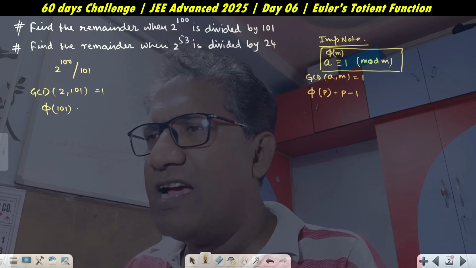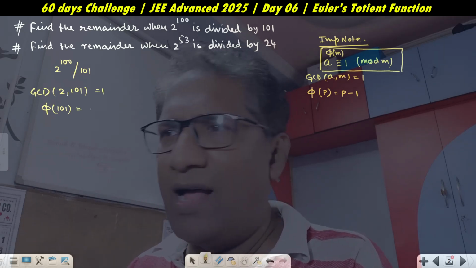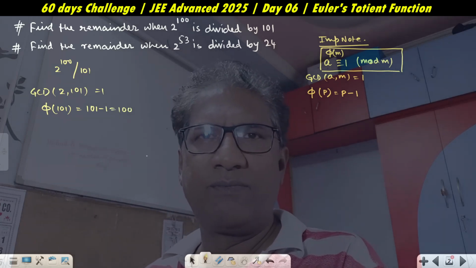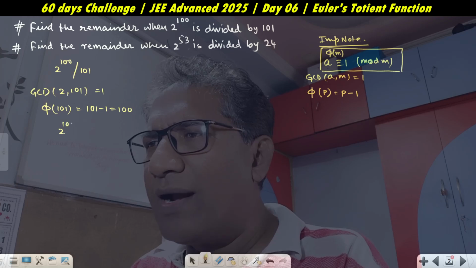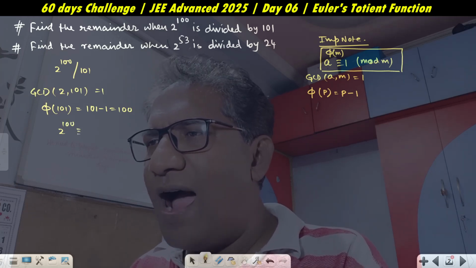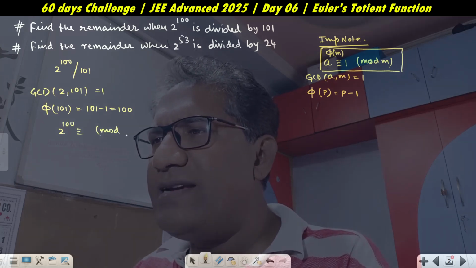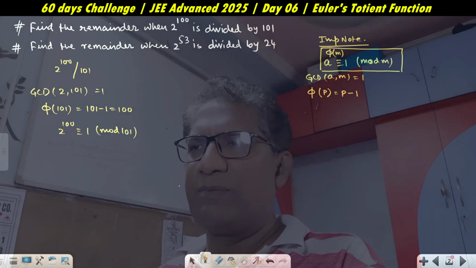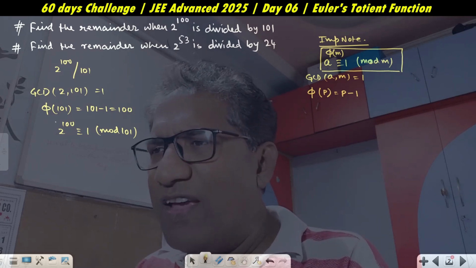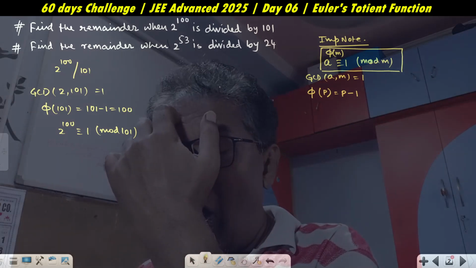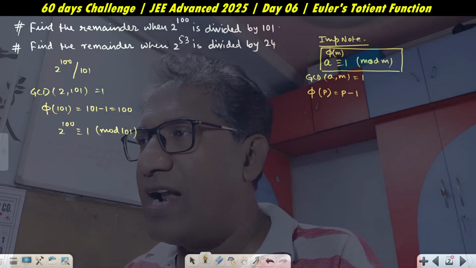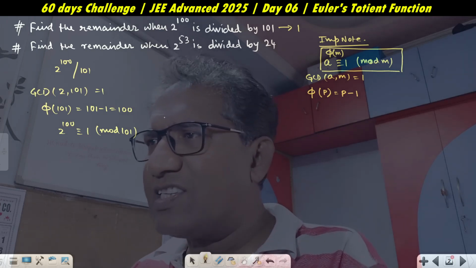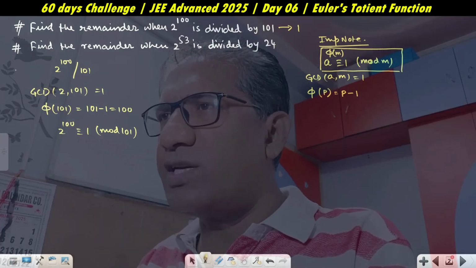So in this case, the Totient number of 101 is nothing but 101 minus 1, that is 100. Therefore, when 2 to the power 100 is divided by 101, the remainder is 1. That's it. Is it clear? So directly we got the answer that the remainder of 2 to the power 100 when divided by 101 is nothing but 1. Is it clear? Let's see the next question. I'll see the second question.